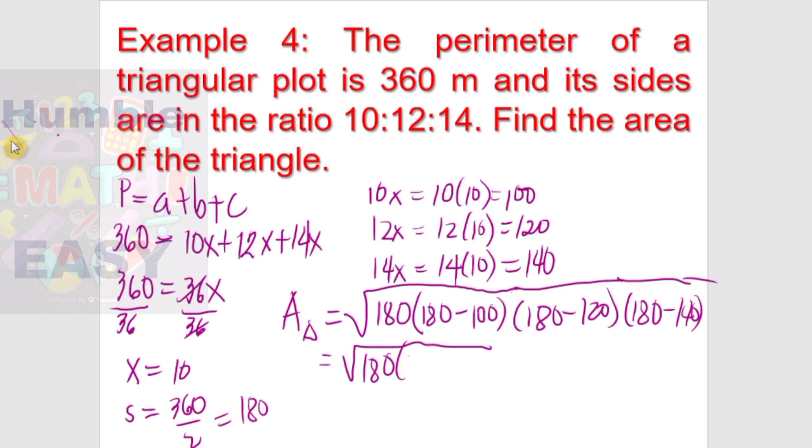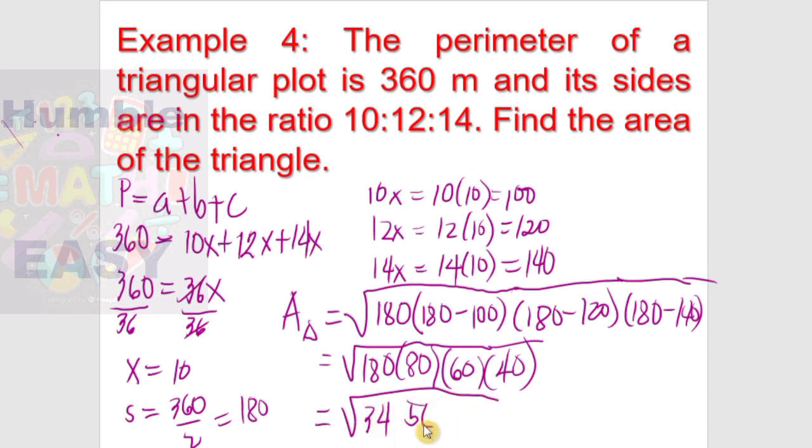So we have 180 times 80 times 60 times 40, and we come up here as the square root of 34,560,000 using the scientific calculator.